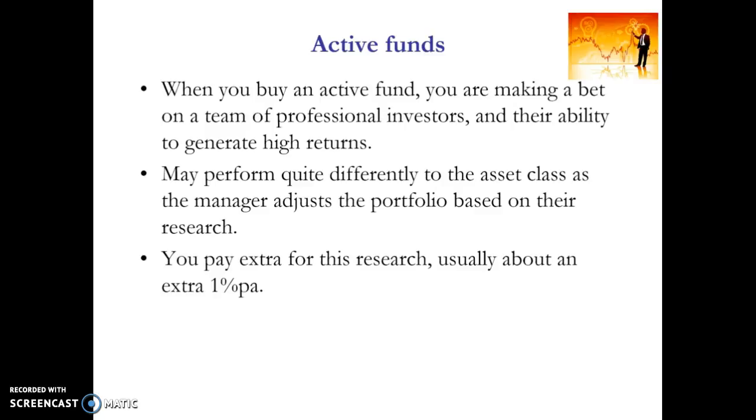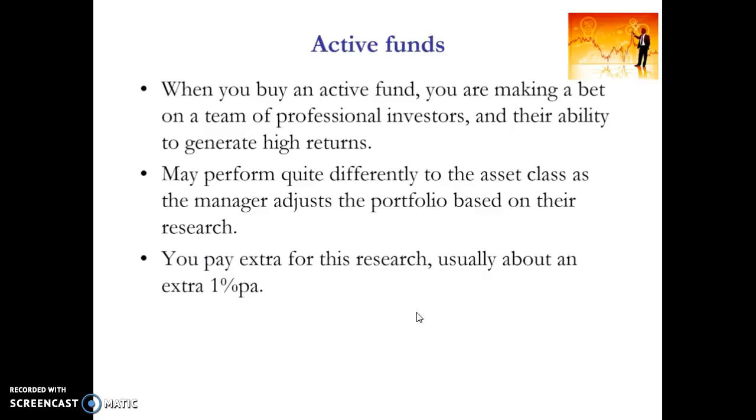So, given there are these two types of funds, an important final question is which is better. What we know is that the evidence shows that passive funds actually tend to outperform active funds. And there's a reason for this. The reason is that markets are relatively efficient, and they're sufficiently efficient such that an active fund finds it difficult to earn an alpha that is greater than the fees that they charge.